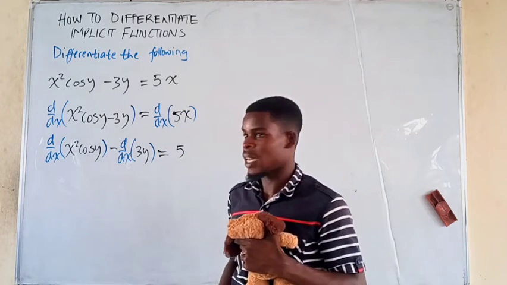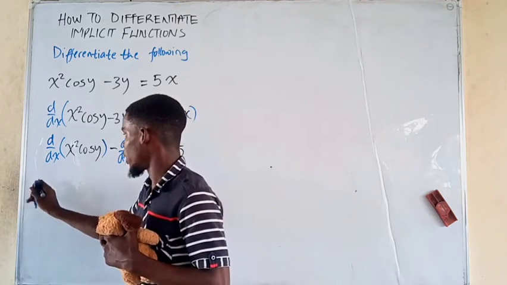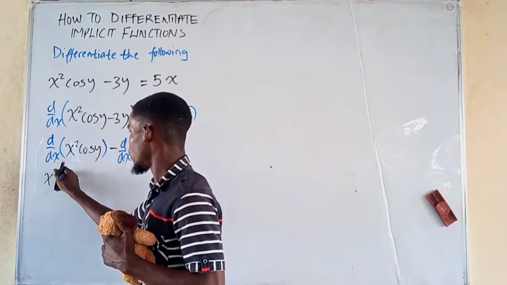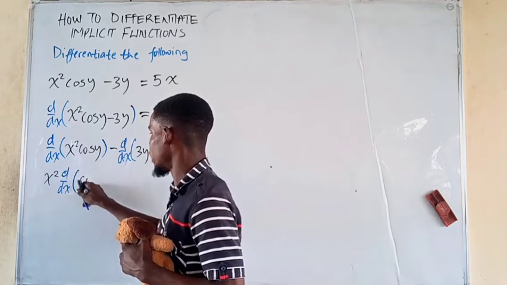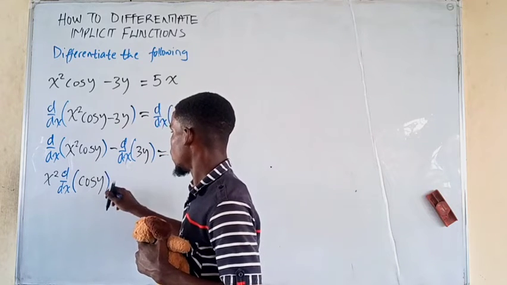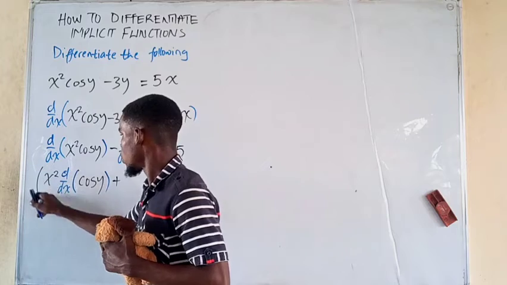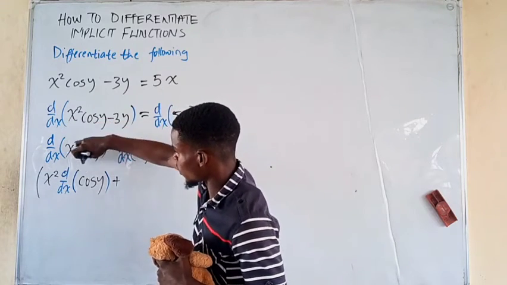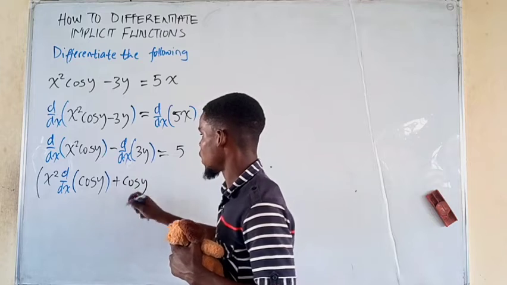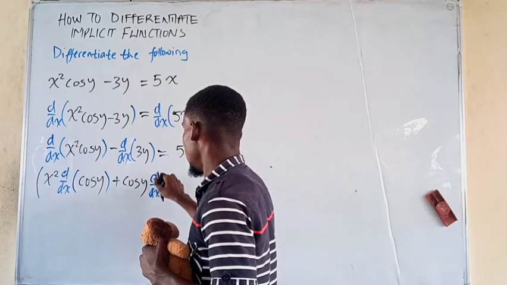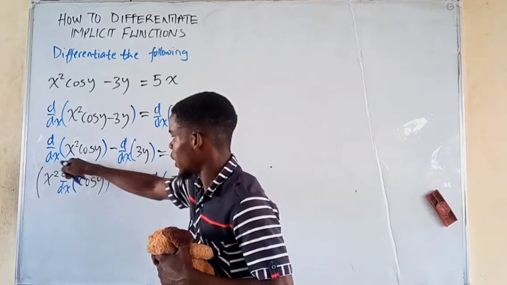To differentiate that, we're going to apply the product rule, which tells us to differentiate a product: you keep the first term, which is x squared, and take the derivative with respect to x of the other term, which is cosine of y. Then we add this with, we keep the second function, cosine of y, and multiply it with the derivative with respect to x of the first one, which is x squared. Good. That is just for the first part of the left-hand side.